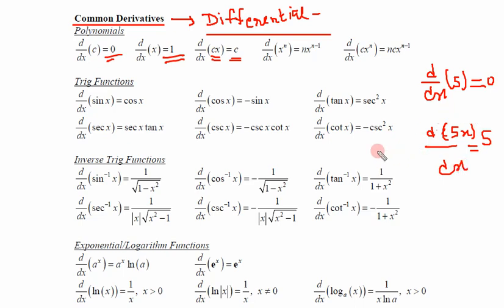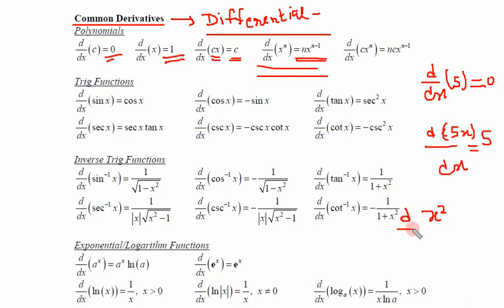Now instead of x, if we have x to the power something, then what will happen? If that is x square, we will get n x to the power n minus 1.